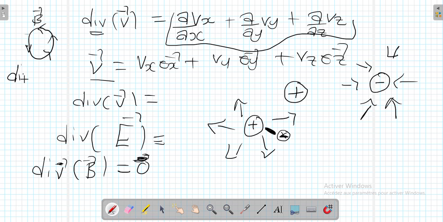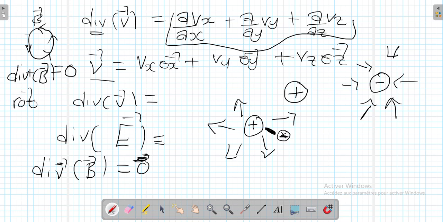Therefore, mathematically, the divergence of B is what? 0. Why is it 0? Because B, the magnetic field, by nature does not diverge. It's circular. There's also another mathematical notation that we're going to learn, rotation. So these three, gradient, divergence, rotationnel, are mathematical tools that are used to quantify some physics concepts.